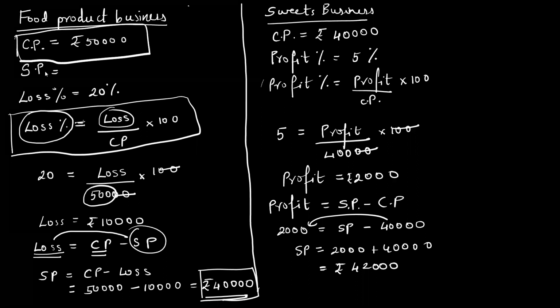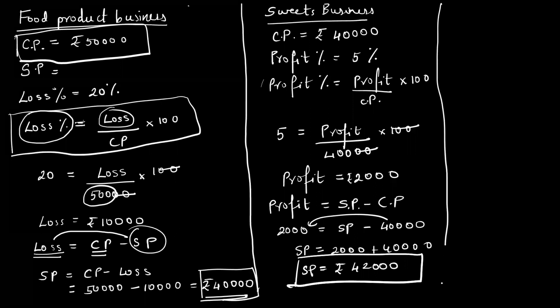Or after 2 years now, he has this much money. How much money did he put in the business the first year? 50,000. And after 2 years, how much money does he have now? 42,000. So has he made a profit or loss? Loss. Correct. And we have to calculate how much is that loss.